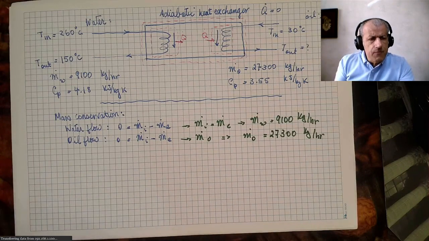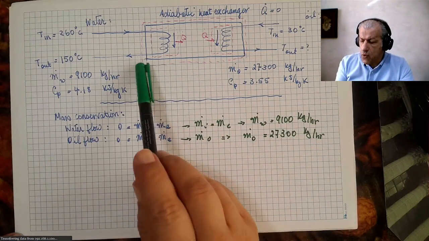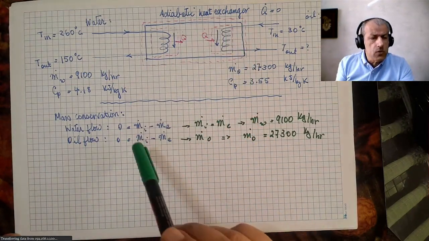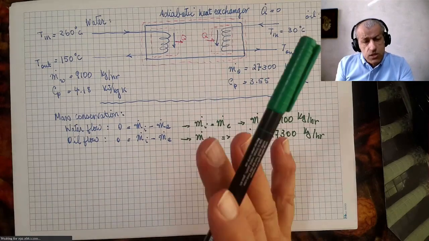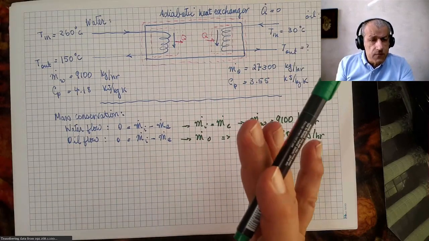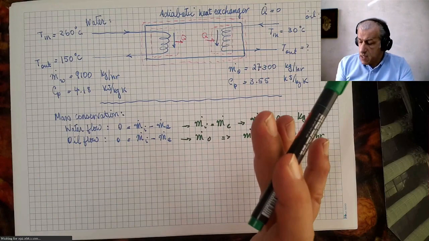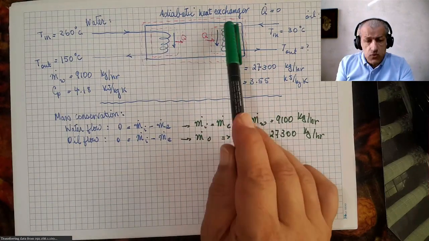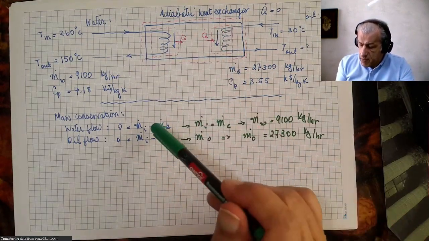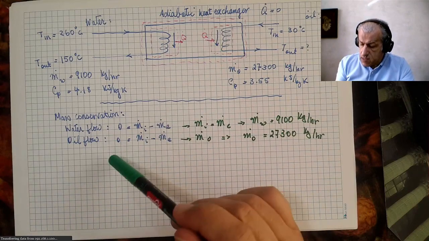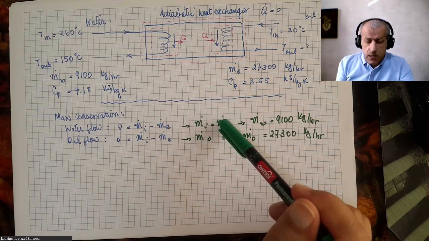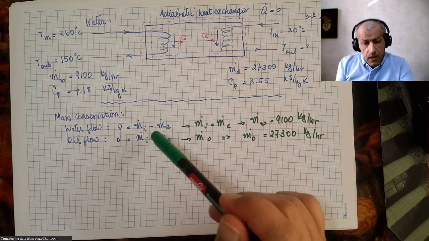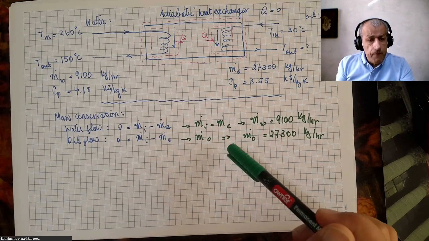There would be little point in writing the mass conservation equation for the whole control volume. Why? Because we have two streams that don't mix. So even if we write it as two entry and two exit, it will be just the sum of these two terms. It will be 0 equals m dot I minus m dot E for water plus m dot I minus m dot E for oil.